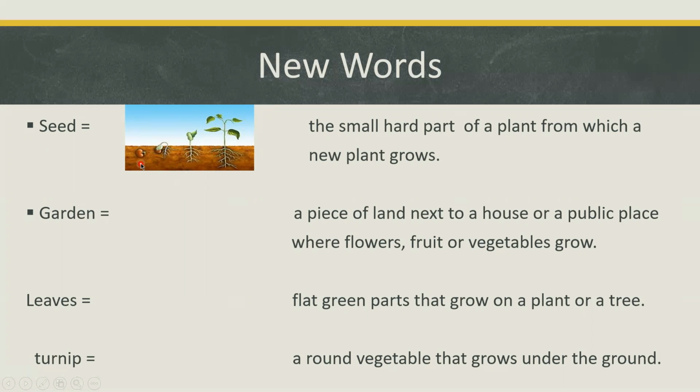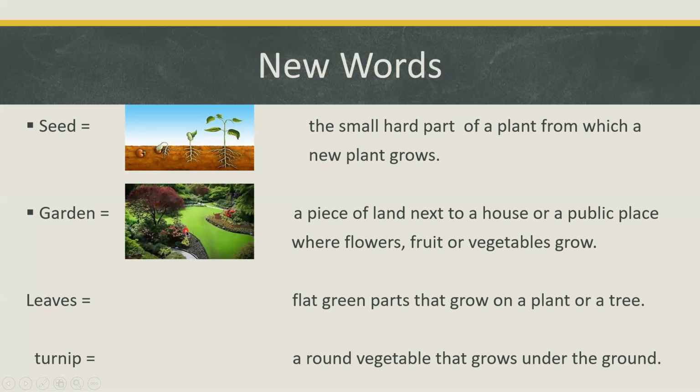The seed, day by day, as it is taken care of by watering and providing proper sunlight, it sprouts. It grows into a sapling and then into a tree, a plant, and then into a tree. So seed is nothing but small hard part of a plant from which a new plant grows.